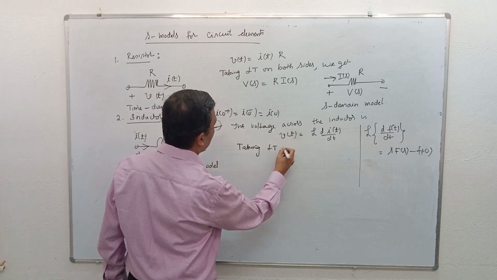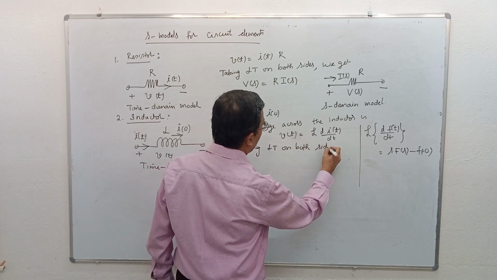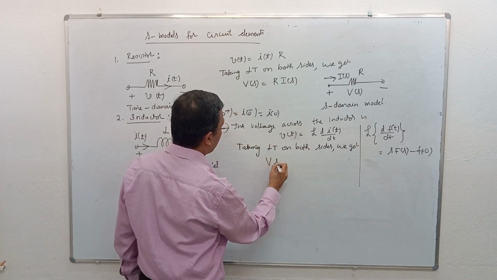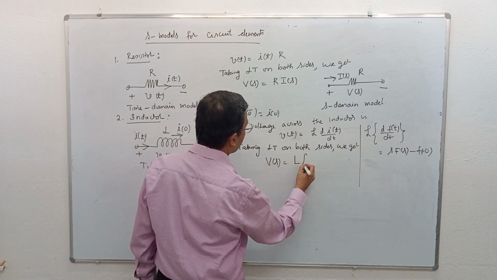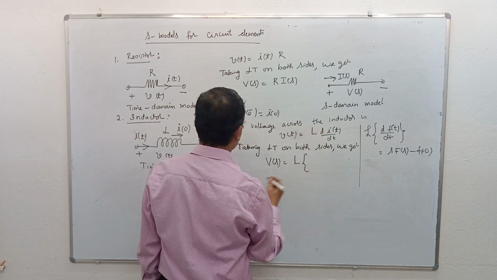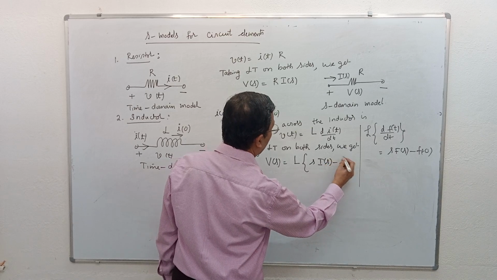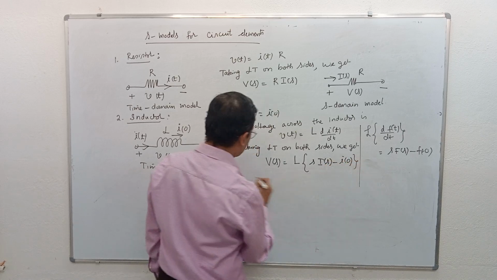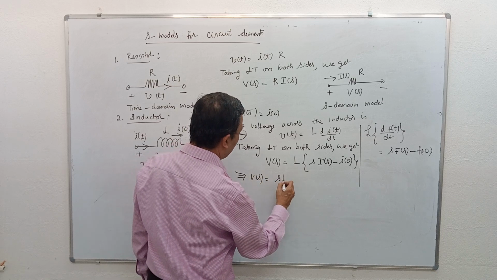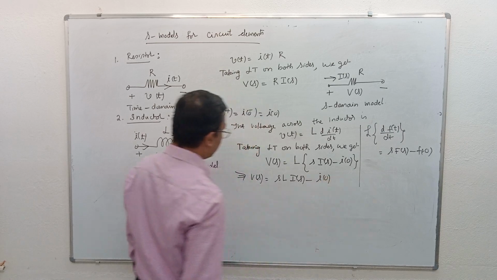Taking Laplace transforms on both sides, we get V(s) is equal to L into s into I(s) minus i(0). So this implies V(s) is equal to sL into I(s) minus L into i(0).